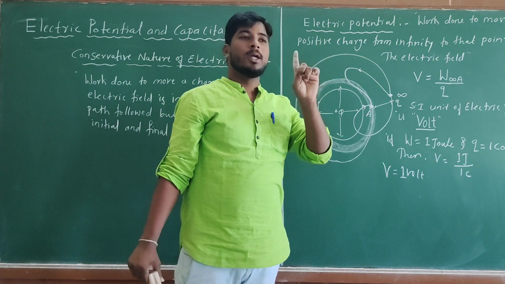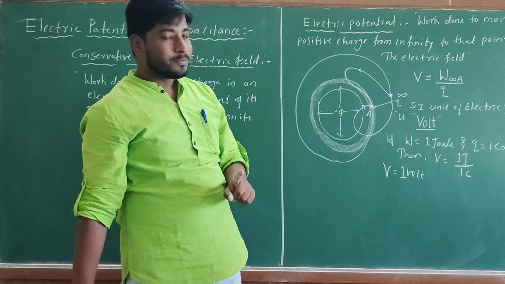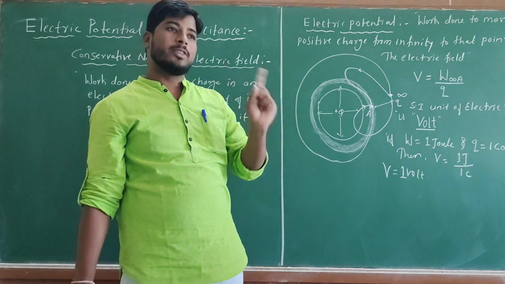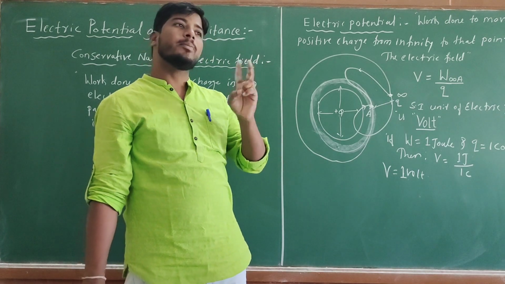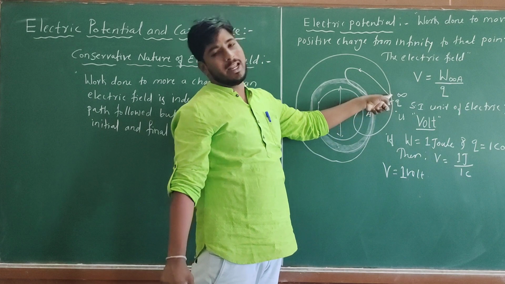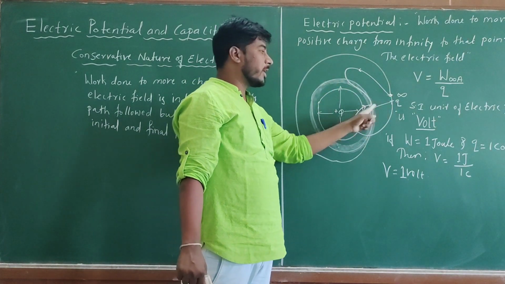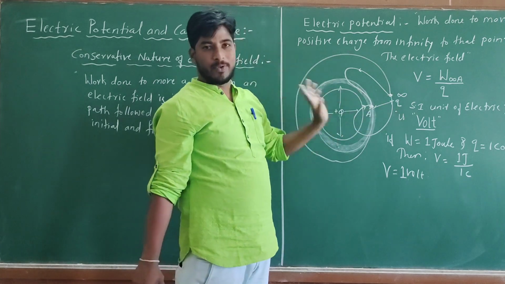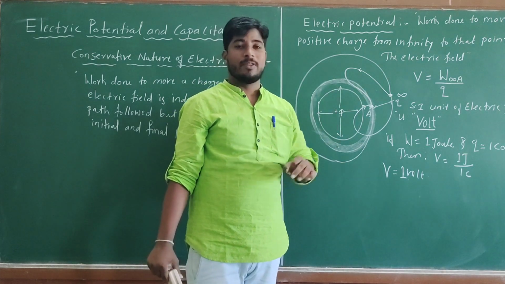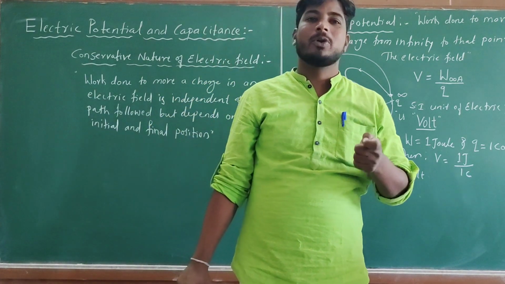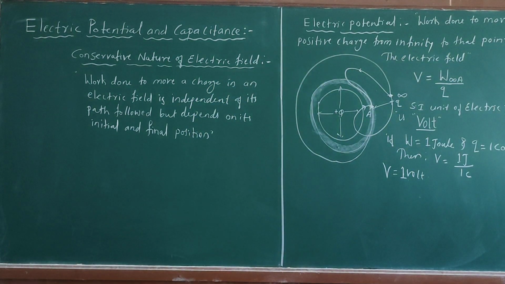Remember, if I want to carry a unit positive charge in the electric field from infinity to that point, no matter whatever path I follow, this way or directly this way or any other way, it depends only on its initial and final positions. Okay, in the next class we will talk about the electric potential difference.